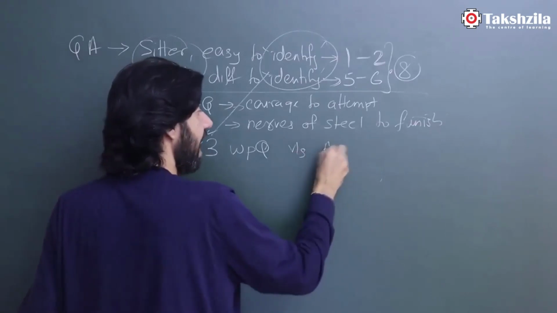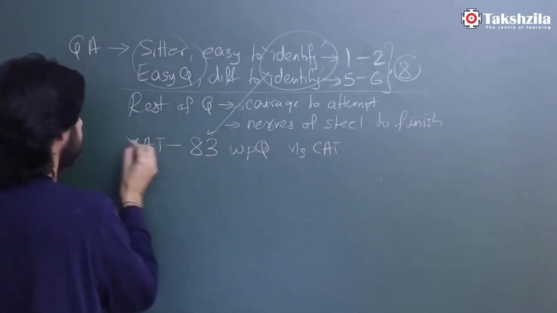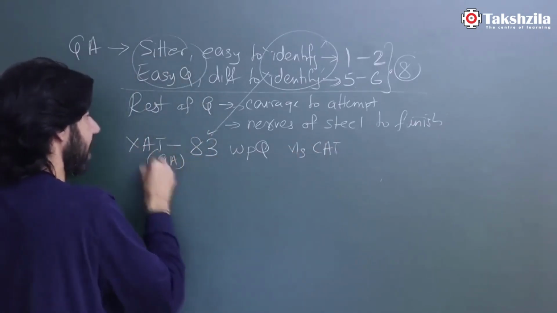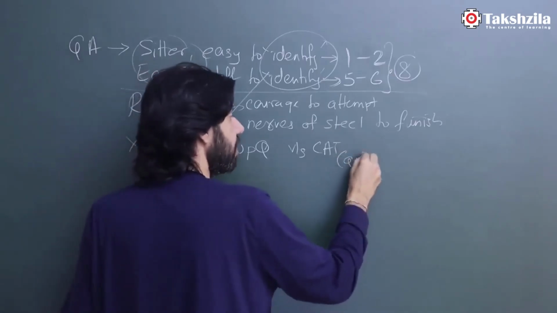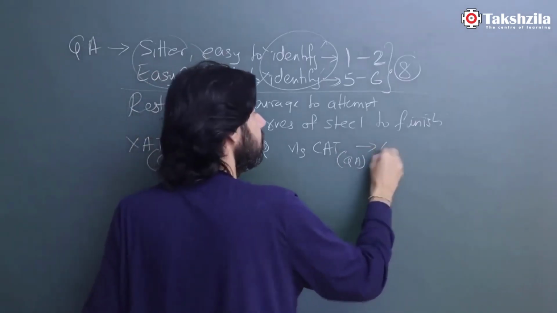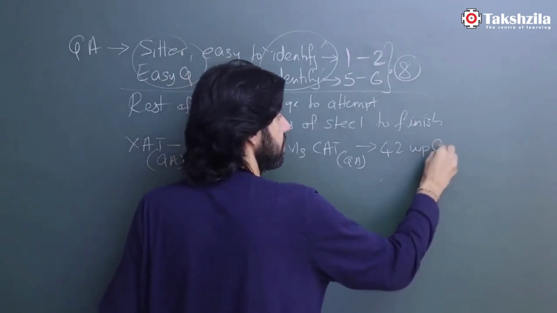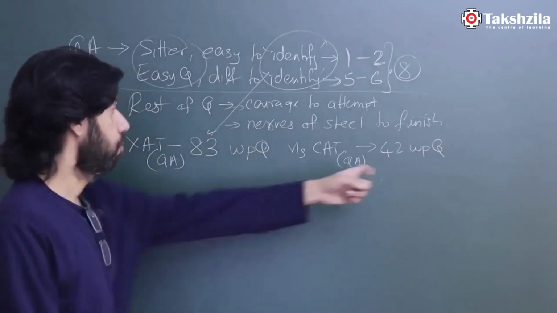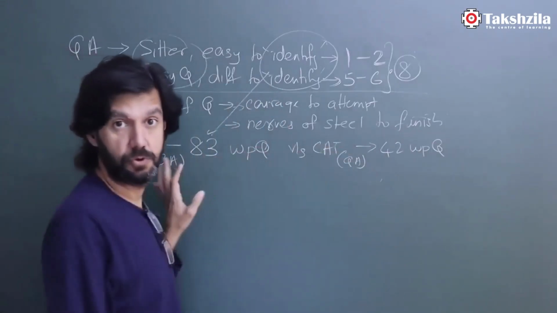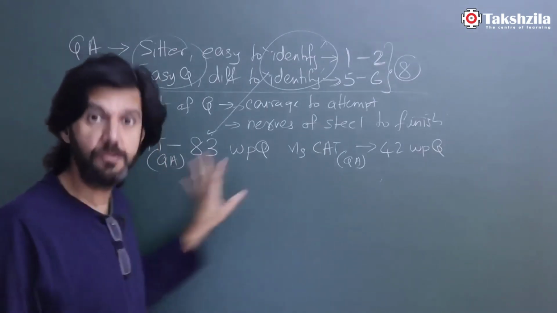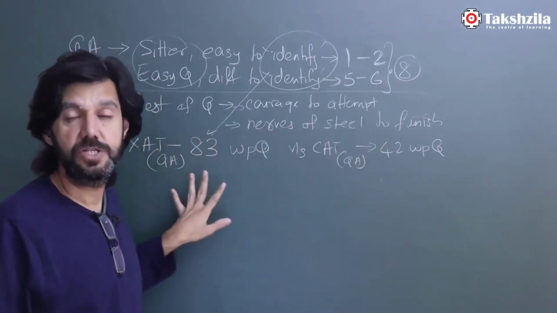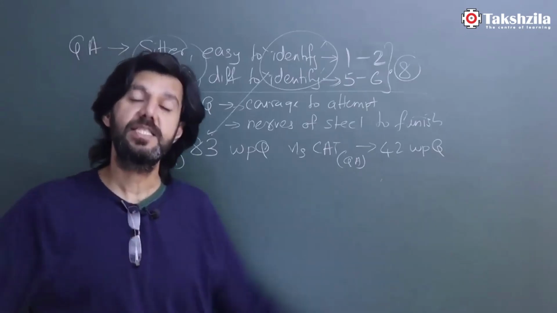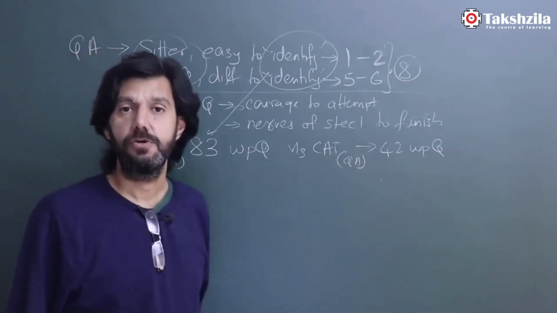Versus if you look at CAT QA, and this is only about QA, so let me put that also, CAT. If I look at CAT QA, it is only 42 words per question. So look at the stark difference in the same quant. XAT questions on an average are twice as lengthy as CAT questions are.